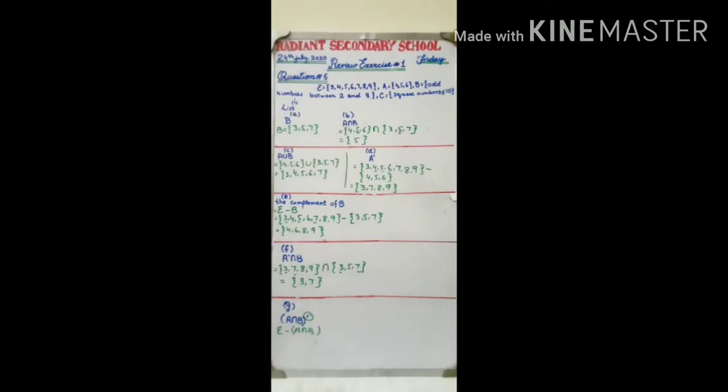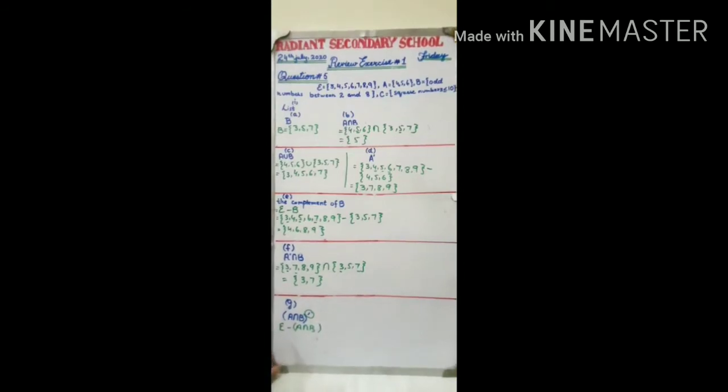Okay. On the place of universal set you have to write universal set. Universal set from the question is 3, 4, 5, 6, 7, 8 and 9 minus A intersection B. Answer of A intersection B was 5.